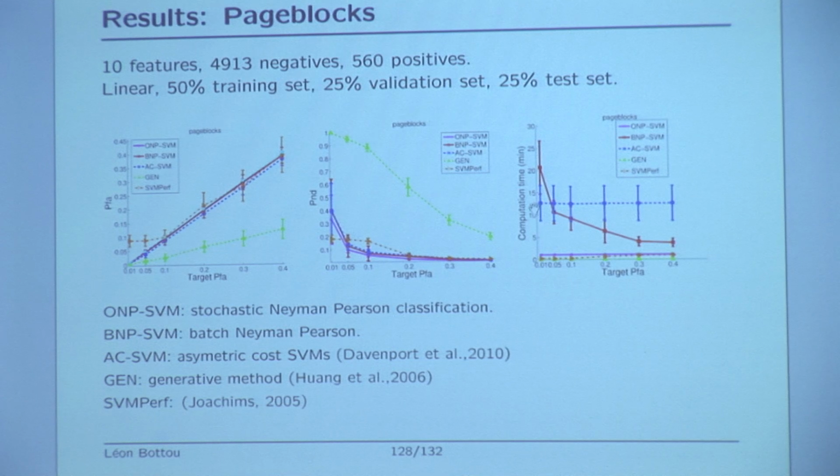You see that the asymmetric cost SVM on such a data set is pretty much constant because it's dominated by the search of the C plus, C minus that you have to do by some kind of cross-validation. Here at the bottom, you have the online NP SVM that works. You have the generative algorithm that doesn't work. And you have SVM-perf that works quite well.